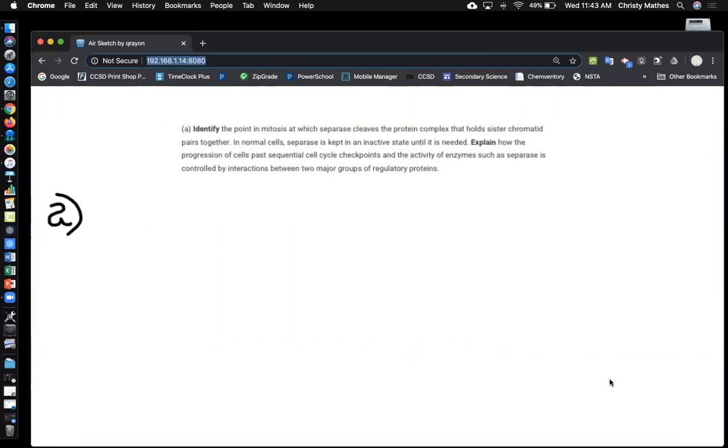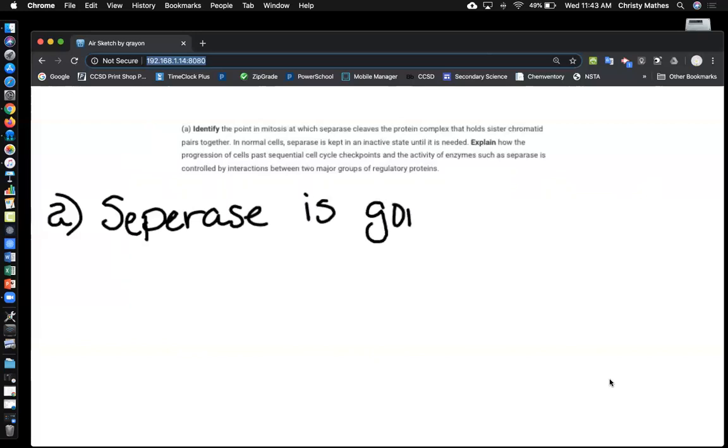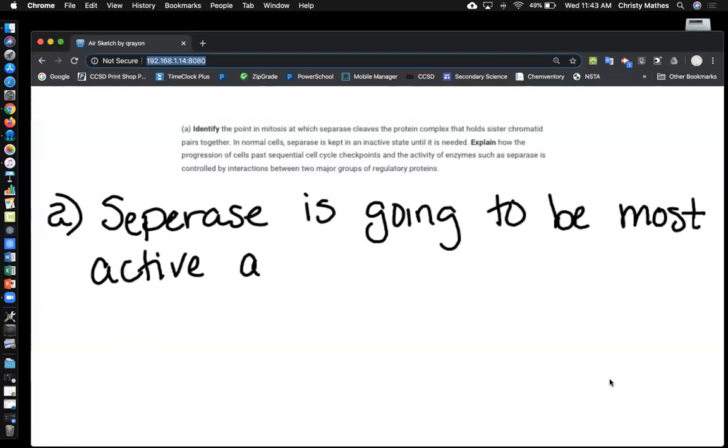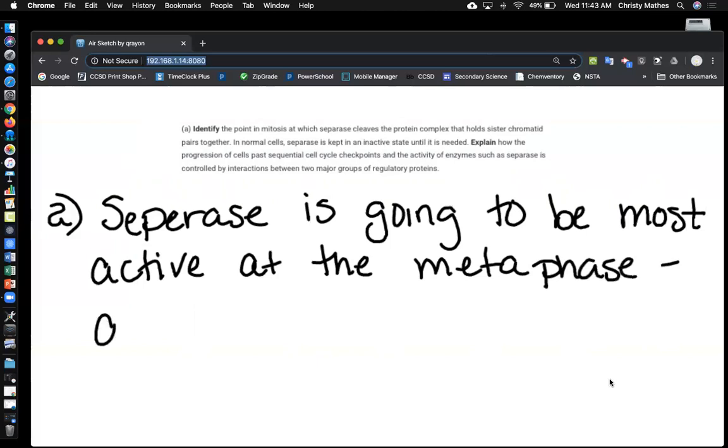So I'm going to answer that separase is going to be most active at the metaphase-anaphase transition.